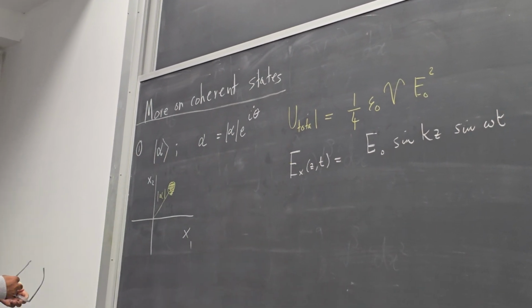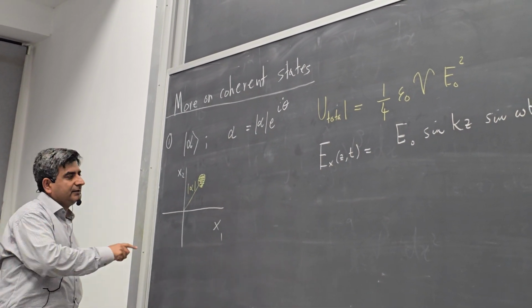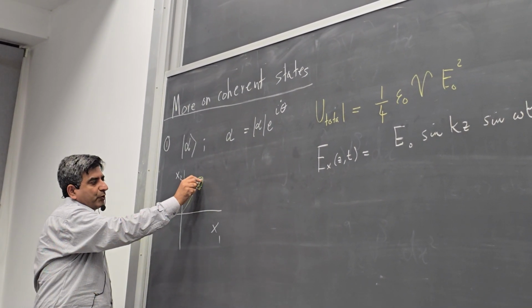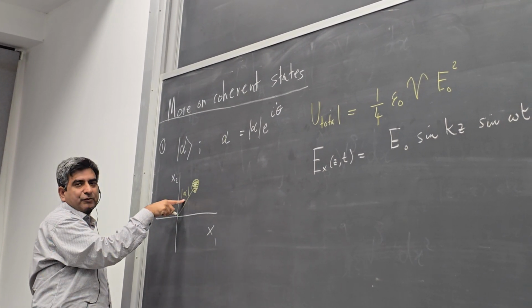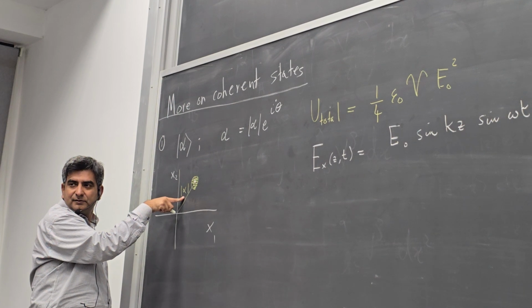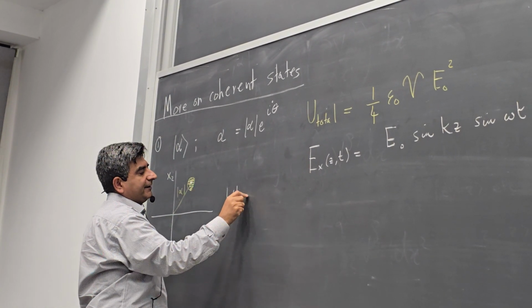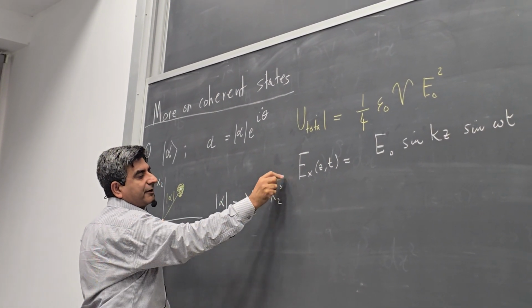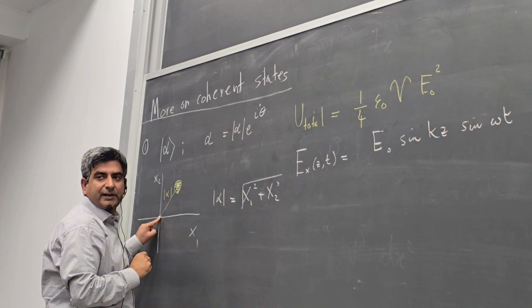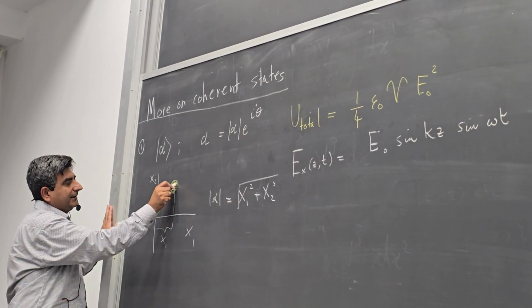Now if you look at this phase diagram, and if I were to calculate the length of this distance of this mean point of this blob from the origin, I need to calculate alpha modulus for the coherent state. Now alpha modulus, of course, is going to be the square root of x1 squared plus x2 squared. Correct? So this is x1 and this is x2.